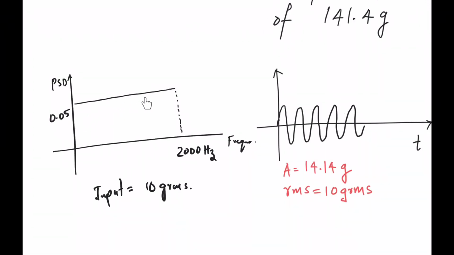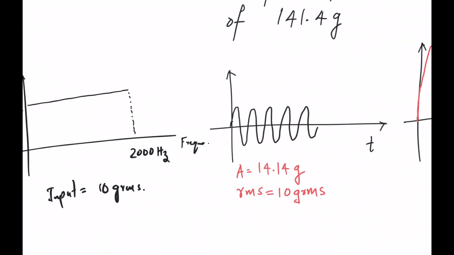Now let's think of the second possibility. This was the input signal to the random vibration test, whose input was 10 grms. Now think of a sine test equivalent. This will be the input. Now we are matching the input grms. So instead of the broad band random signal, the input will look like this, a simple sine. Now what happens?